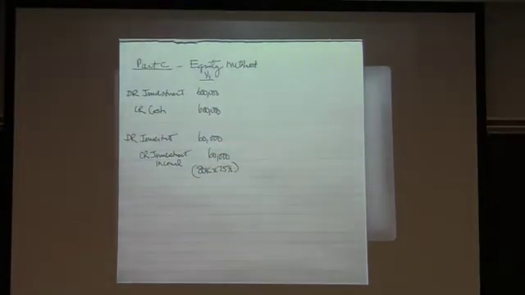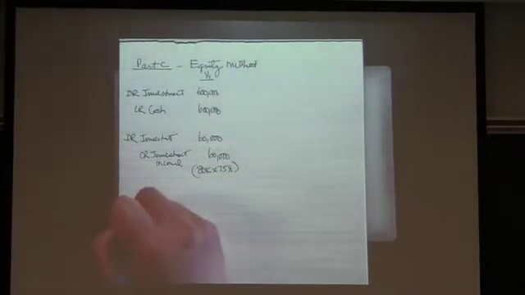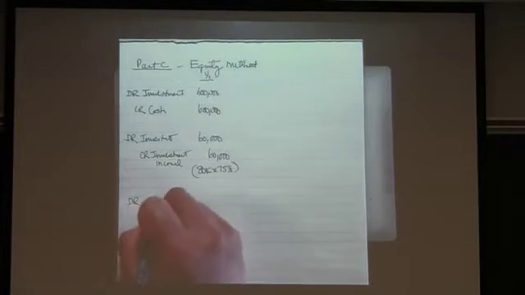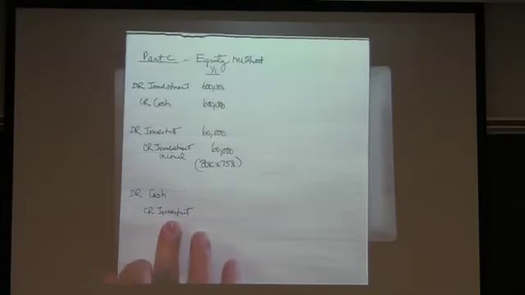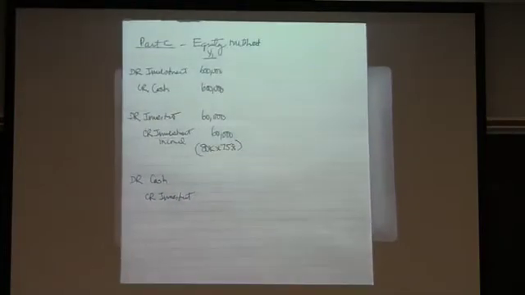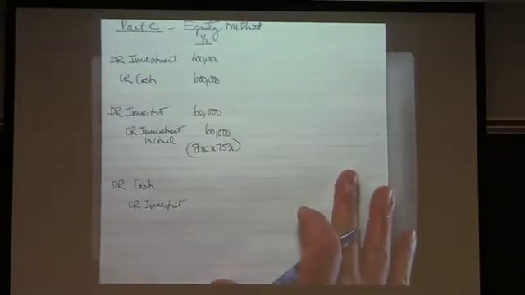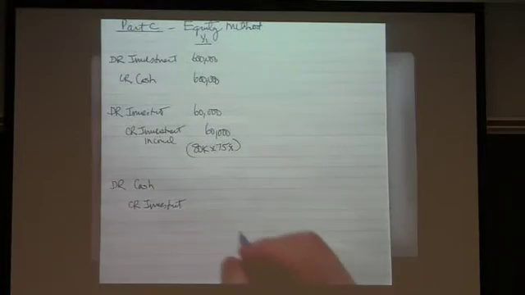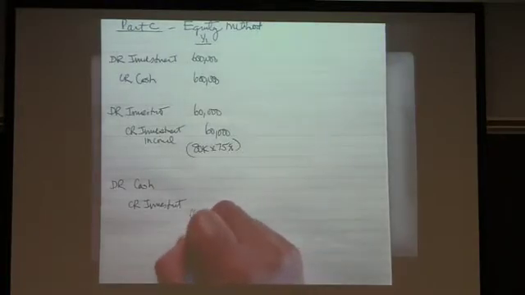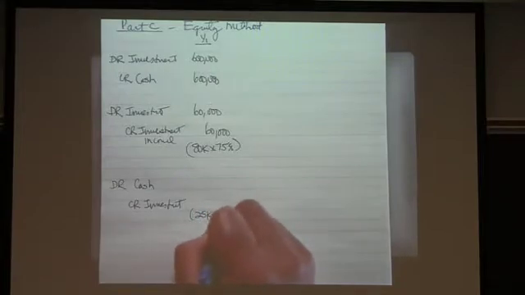Now, we're also going to pick up our share of the dividends, so debit cash, credit investment, because under the equity method, we adjust the dividends received as a return on the investment, so it reduces the investment. And that would be $25,000 at 75%.